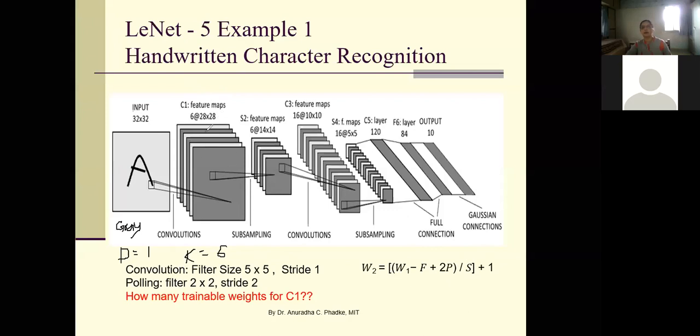The resultant output data size is 6 by 28 by 28. Why 6? Because there are 6 filters and input image depth is 1. And why 28 by 28? If you substitute values in this equation, your resultant image width and height is 28 by 28. Hope this is clear to all of you. So after the first convolution layer, your resultant output size is 6 by 28 by 28.